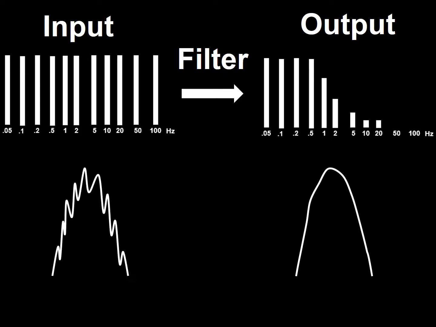And in the lower segment of this frame, I have produced a cartoonish representation corresponding to the waves that would be produced at the level of the input and at the level of the output.